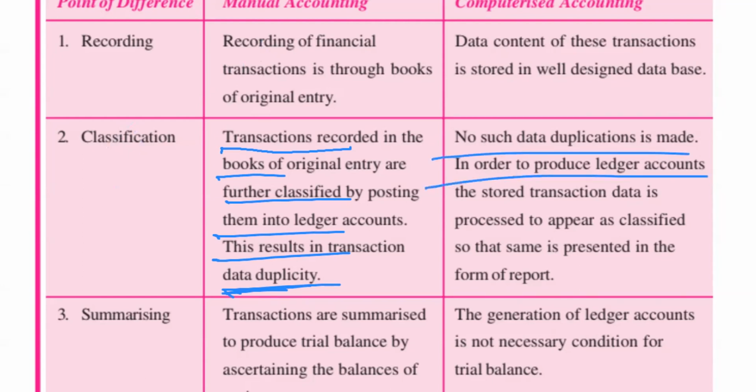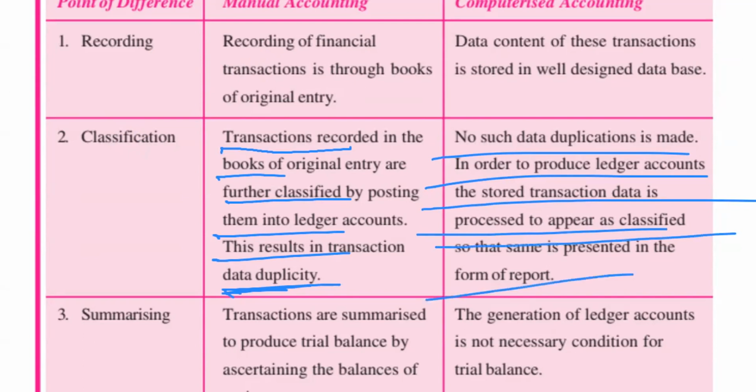In order to produce the ledger account, the stored transaction data is processed to appear as classified, and the same is presented in the form of a report. In computerized accounting system, once you feed the data to the computer, automatically that data is recorded in the journal and automatically classified.